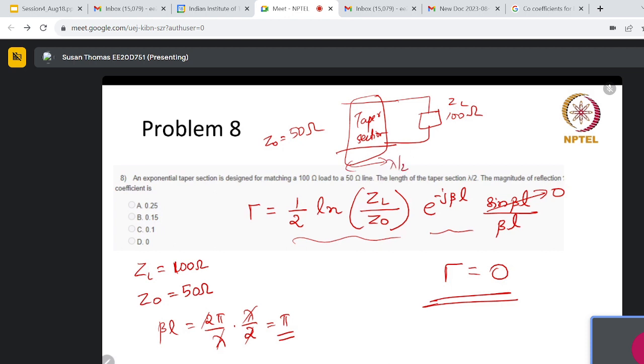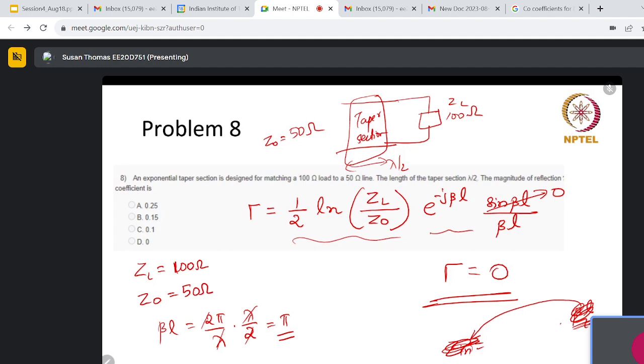Depending on the length of any line, you know the expression for Zin. Depending on beta L, any impedance will be transformed to a particular Zin.